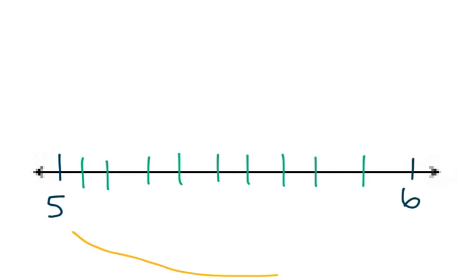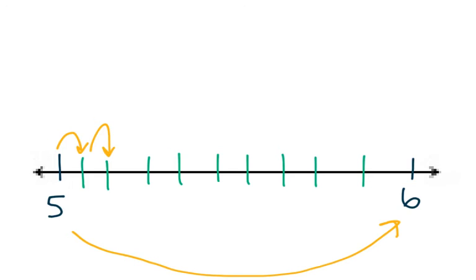So what if I started at 5 and went to 6? Okay, I have 5 to 6. Well, that's a jump of 1 whole. So let's think about what each small jump would be.